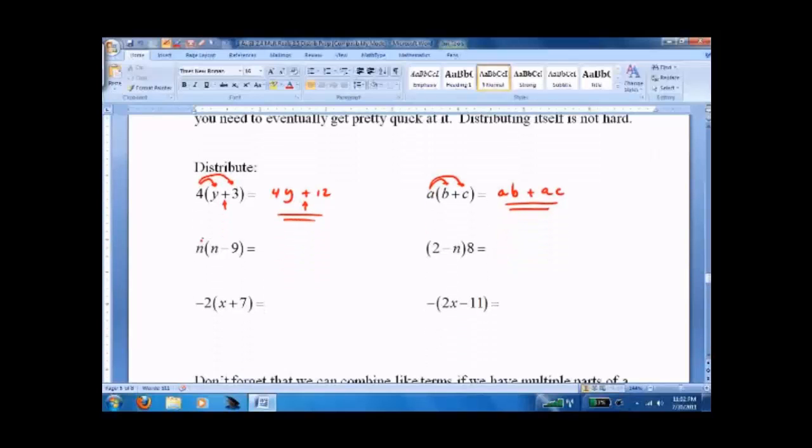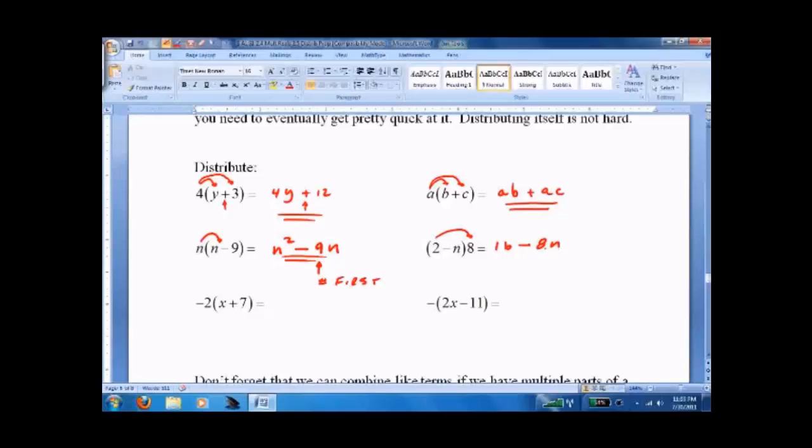And life gets a little more challenging. N times N is N squared. Positive times a negative is a negative, so we get negative 9N. Notice I wrote the 9 first. Number always goes first. 2 times 8 is 16. Minus 8 times n is 8n.